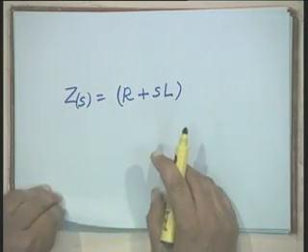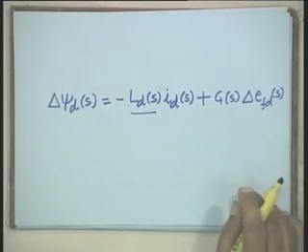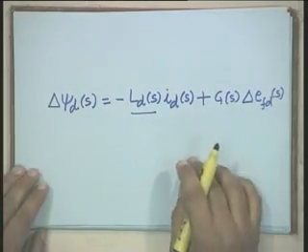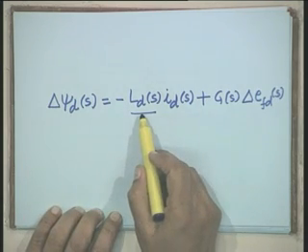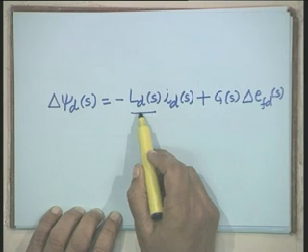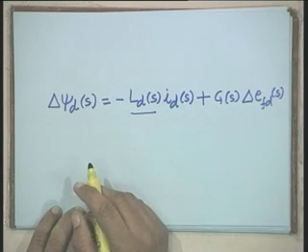The same approach is used here. Our problem basically will be to obtain an expression for Ld(s) and G(s) in terms of the fundamental parameters, or the basic parameters, of the synchronous generator.